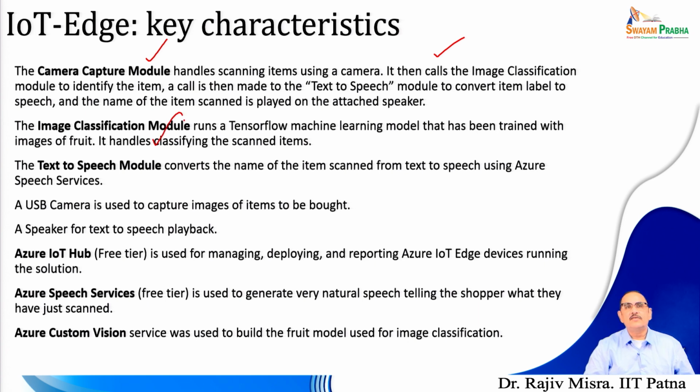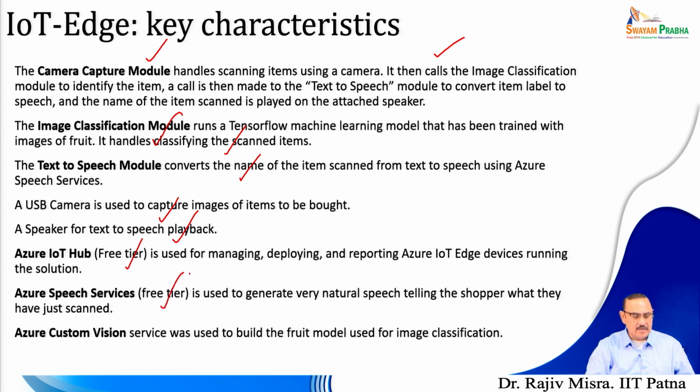Another one is called the image classification module, which runs a TensorFlow machine learning model that has been trained with images of fruit and classifies the scanned images. Then there is the text to speech module, and all of them require a USB camera to capture the images and a speaker for text to speech playback. So, here you can see that it will be done through the Azure IoT Hub.